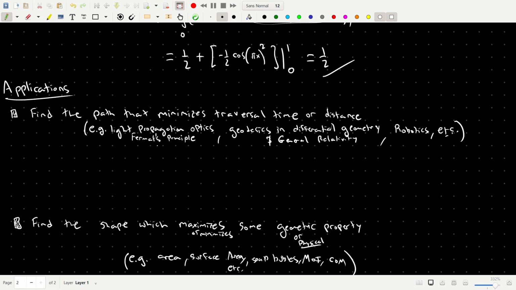So the first main example where functionals show up in application is to say, what if you want to find the path that minimizes traversal time or traversal distance when going from a point A to a point B. So you start at some point A, and you want to travel to some point B under some constraints.